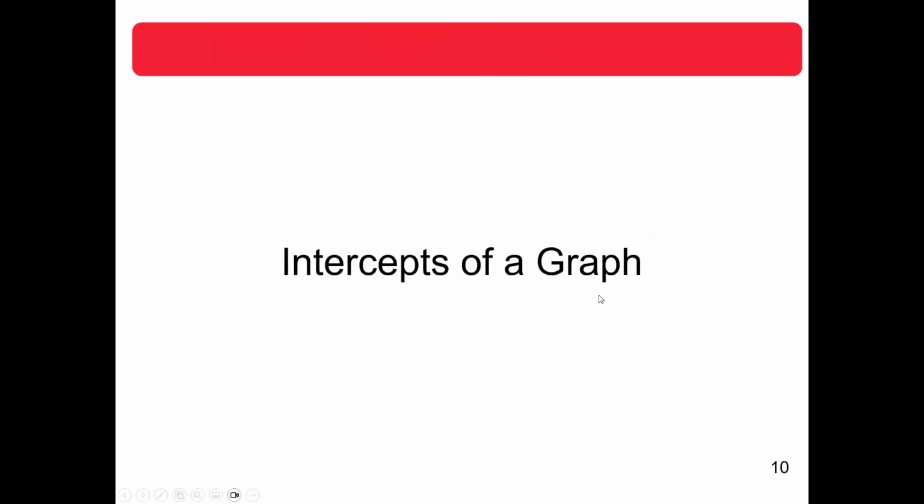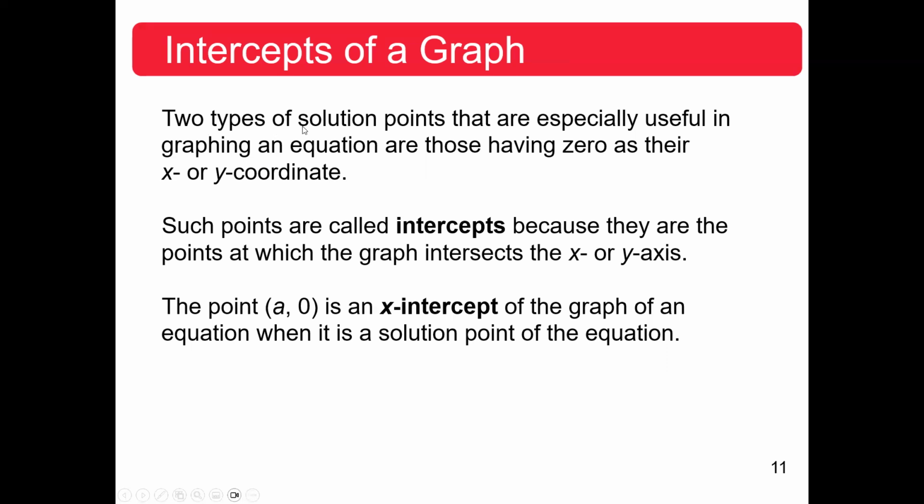So here, we said the two types of solution points that are essentially useful in graphing an equation are those having 0 as their x or y coordinates. Such points we call the intercepts because they are the points at which the graph intersects the x or the y axis. So the point (a, 0) is an x-intercept. a can be any value when y is 0.